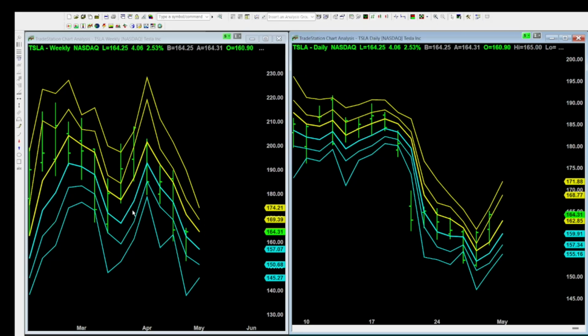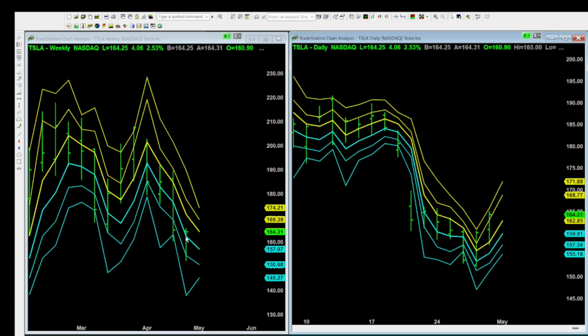But on this weekly chart, the trend lines still have a decreasing trend. Last week it opened here, dropped continuously down to this trend line, and then came back almost to the original opening price.